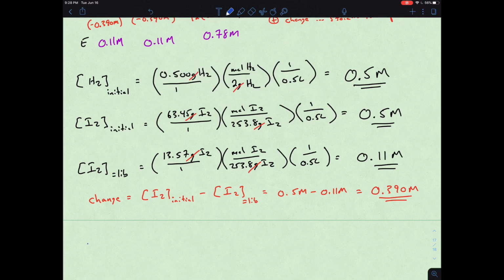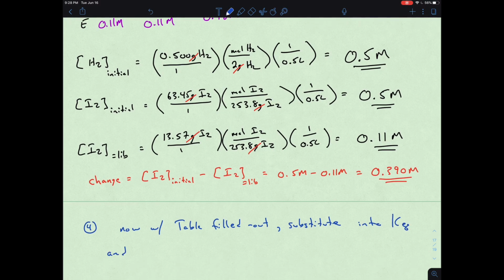So now we're at step 4. So now with the table filled out, substitute right into our Keq, and we want to solve.